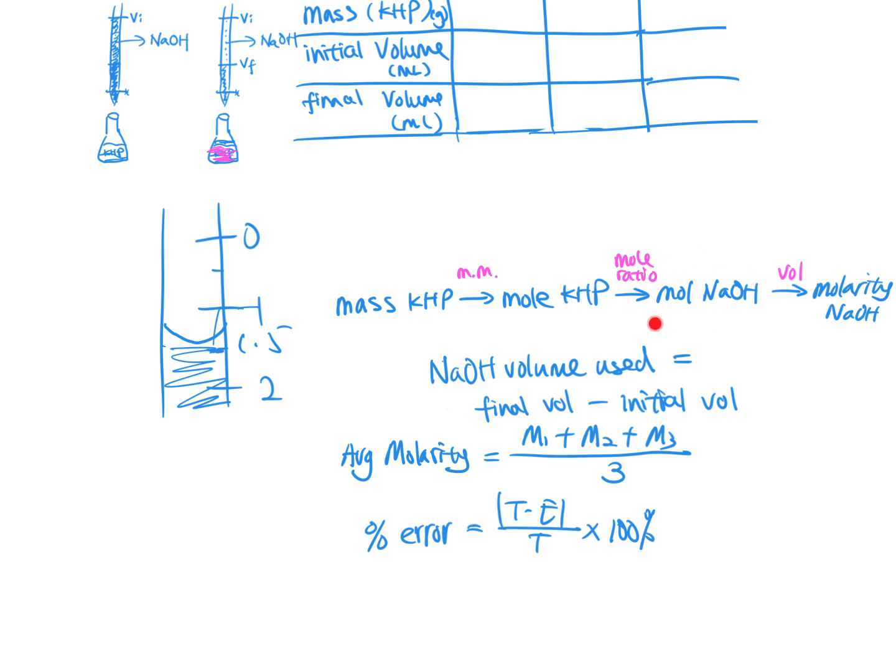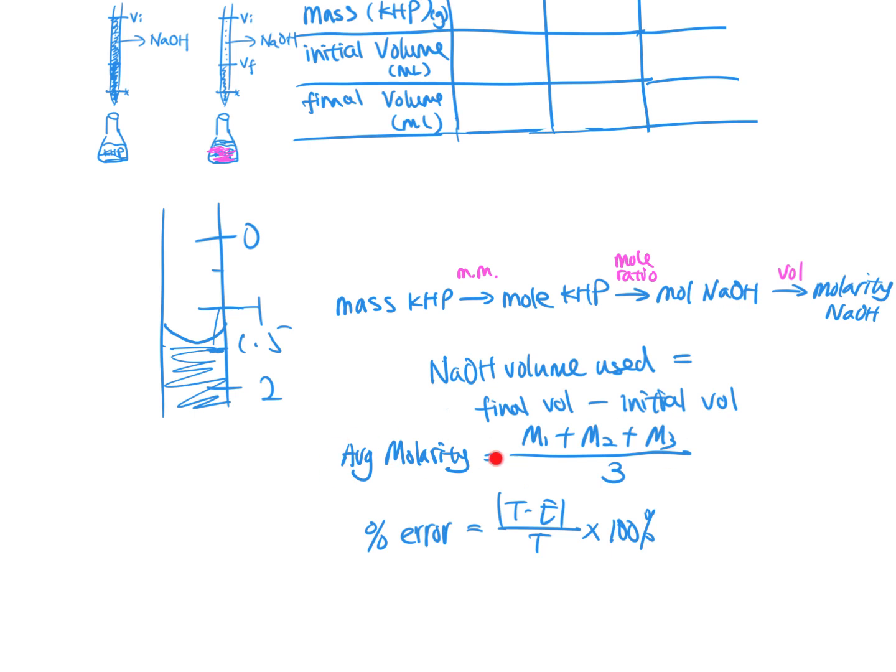Once you know the moles and the volume of NaOH you used, you can calculate the molarity. Molarity is equal to moles per volume in liters. Therefore, you can calculate the molarity of NaOH as the result of part 1. Because in most groups there are 3 of you, you need to use the average molarity, which is adding up all 3 of them and dividing by 3.